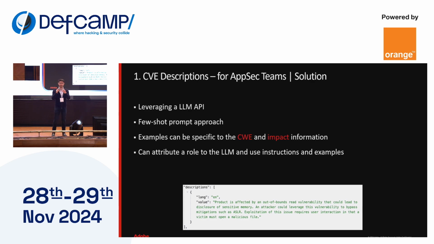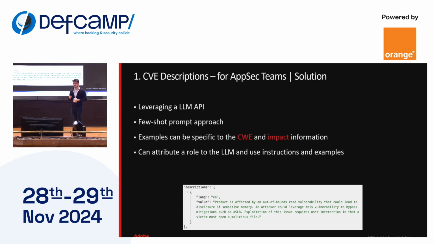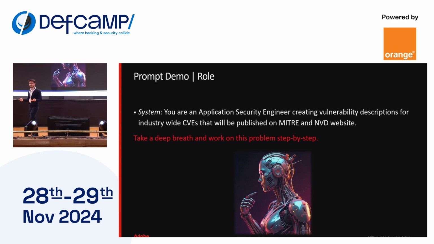I want to give the exact descriptions that I want to publish. So I actually use some real data that I want to be published on NVD databases, so we ensure that those descriptions will pass the audit. The first step when constructing a prompt is that you can attribute a role to the LLM. You'll basically say, okay, you're an application security engineer.